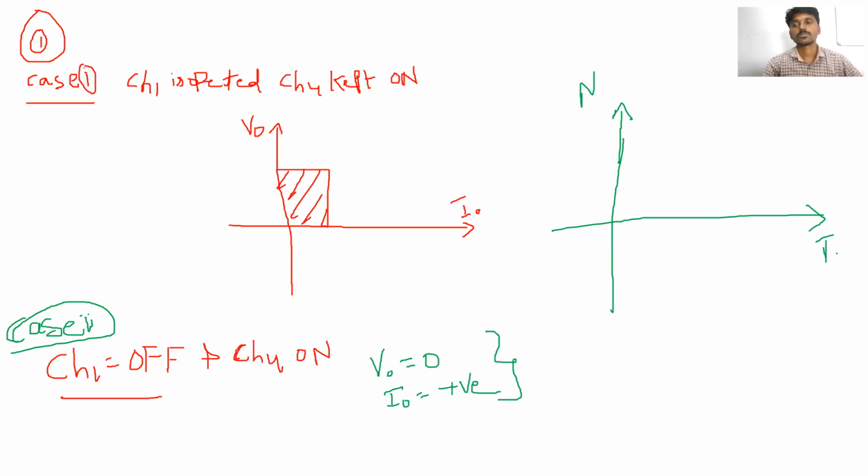Torque is proportional to the current and speed is proportional to the voltage. This is the duty cycle. Is it clear?